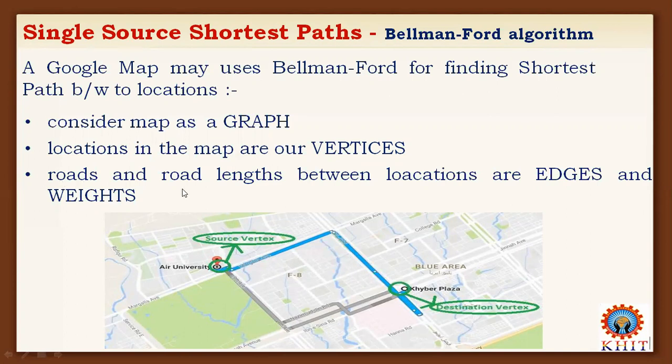So here roads and road length between the locations are considered as edges and weights. This is one of the real-time examples for single source shortest path. Where exactly is single source shortest path applicable? If we want to travel from a source city to a destination city, you have a direct path or you need to go through intermediate cities.